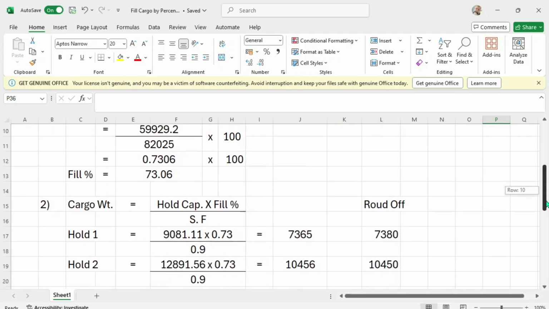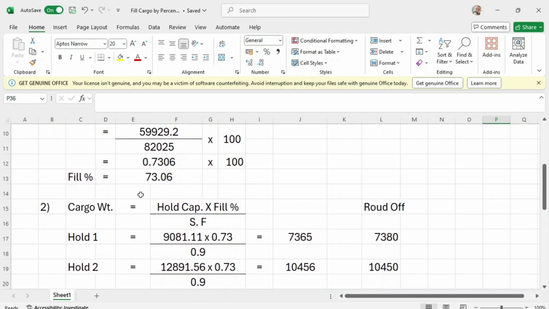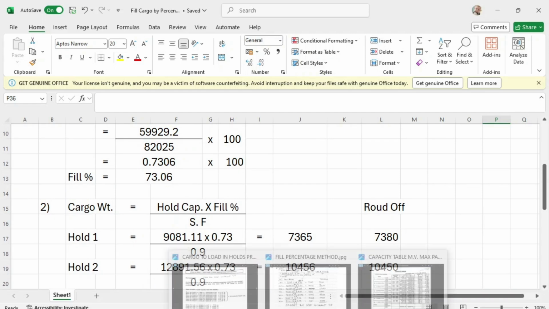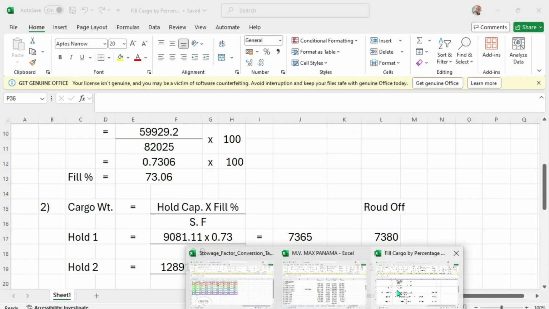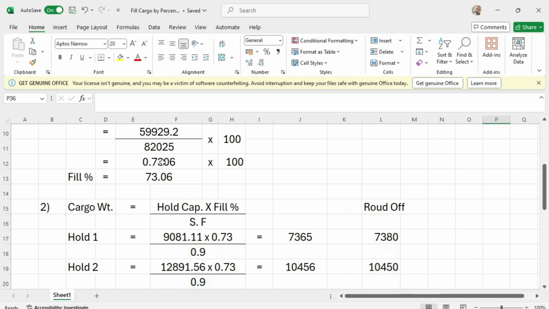Then in number 2, the same formula. Hold capacity is 12891.56 times your percentage of 73 over your stowage factor, then hold number 2 will be 10456.